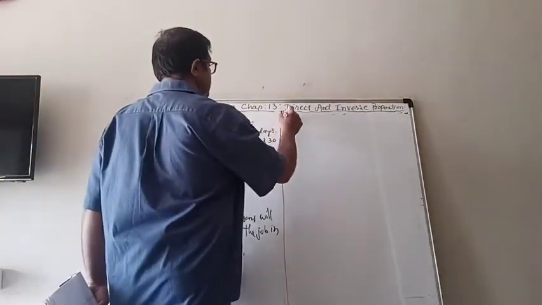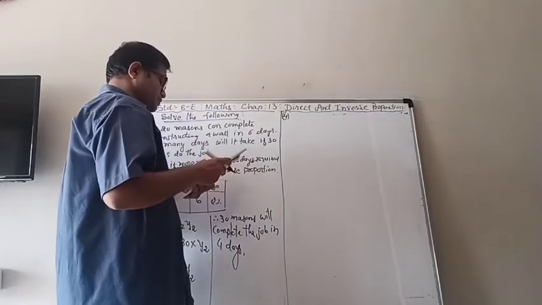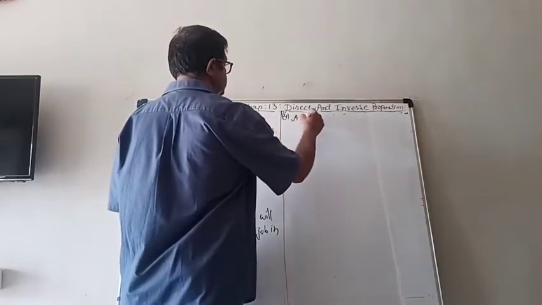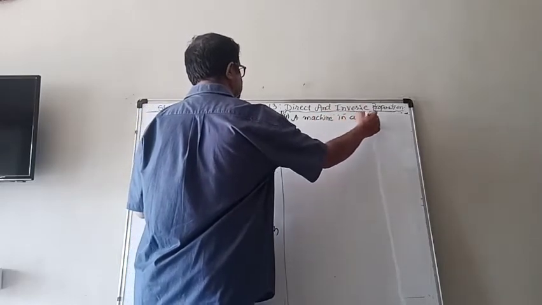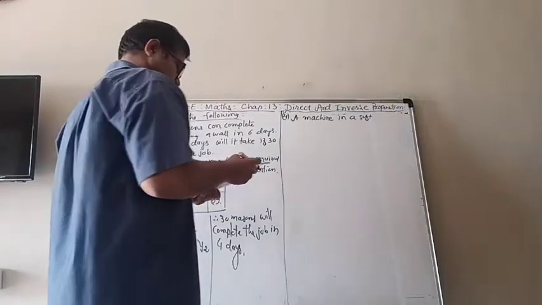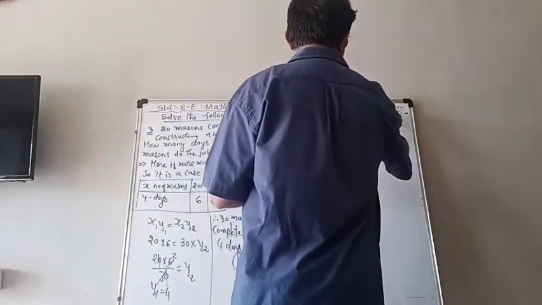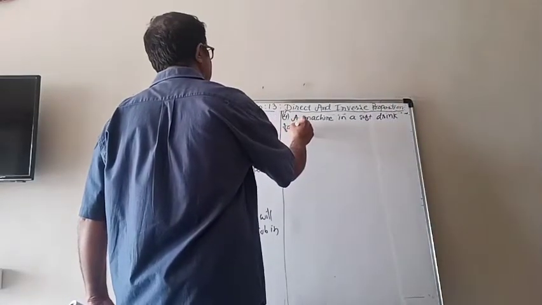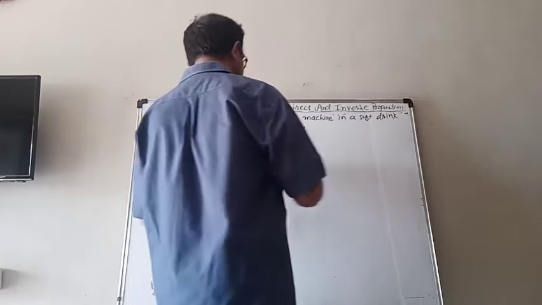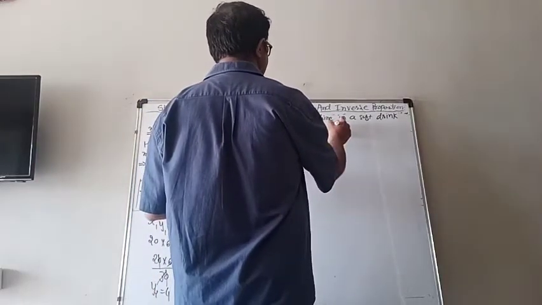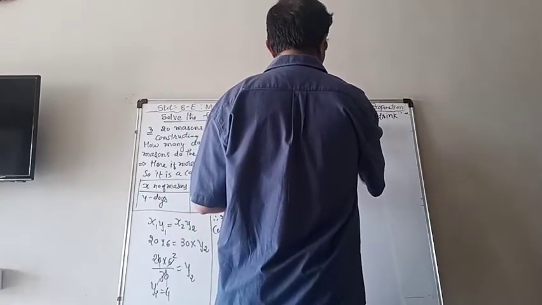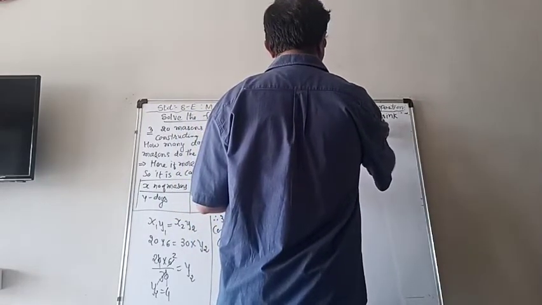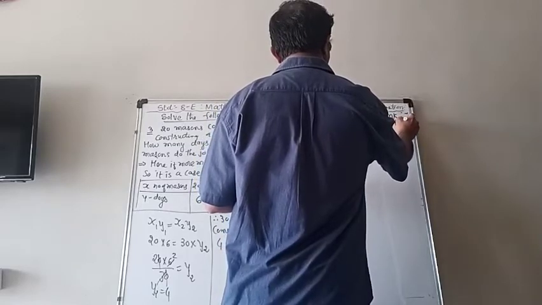Let's take one more example. A machine in a soft drink factory fills 960 bottles in 8 hours.